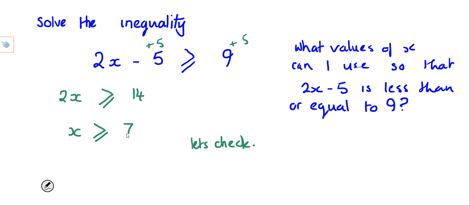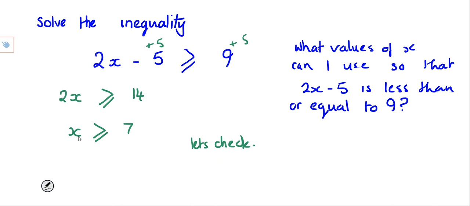But if I read it the other way round, it'd be 7 is less than or equal to x. Because that's the thing with maths reading, you don't have to read left to right. You can read left to right, right to left, however you like. But when I say let's check, what do I mean? To see if it works.